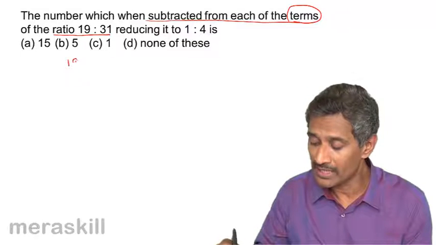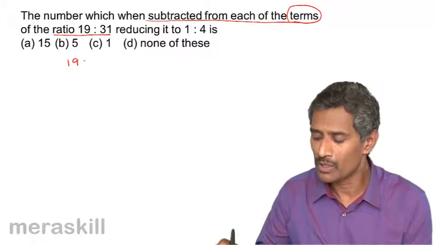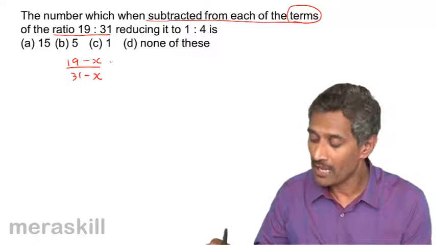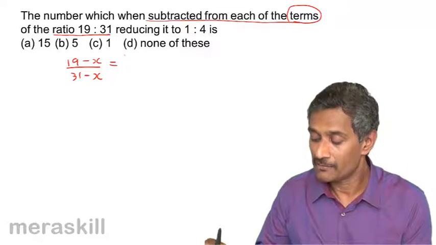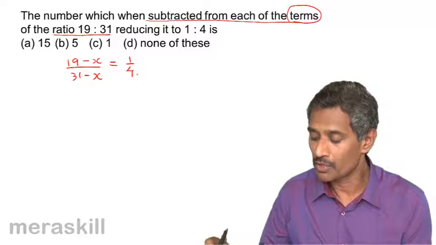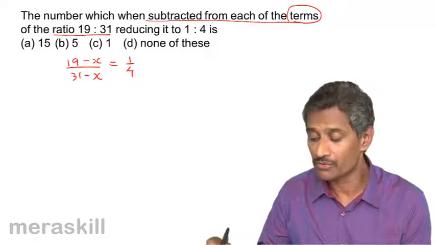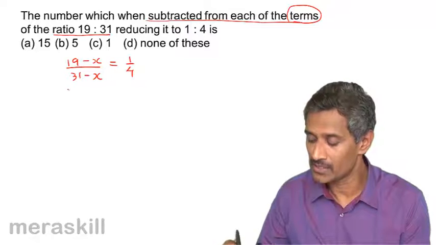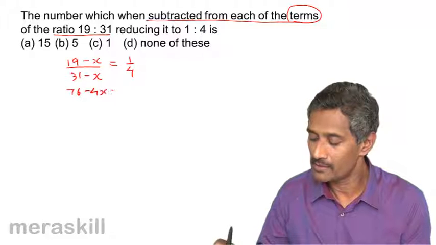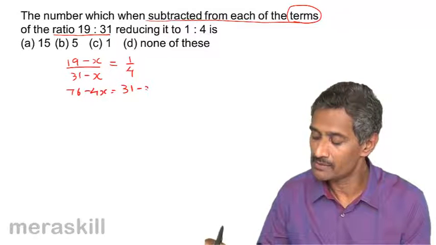So you are subtracting an unknown x from 19, and from 31 you're subtracting an unknown x, and you get the final ratio as 1/4. So you need to find out this number. Cross multiplying, you get 19 into 4, 76, minus 4x is equal to 31 minus x.